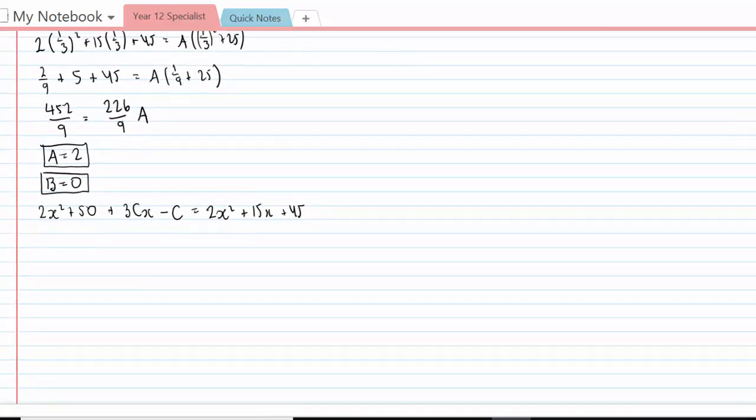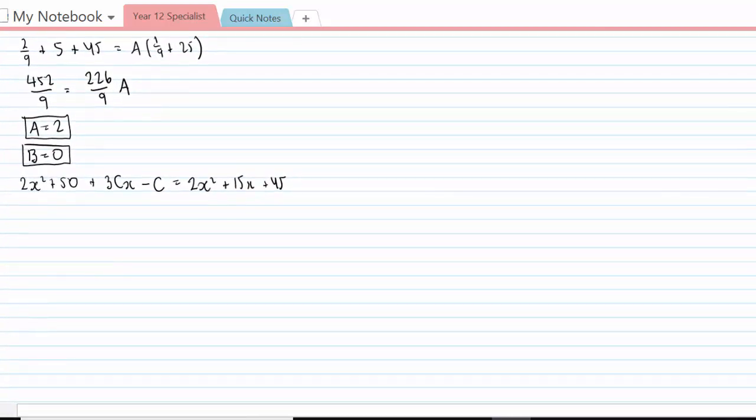So hopefully without too much trouble, we can see that the value of c here is going to be just 5. And the reason for that is that we've got this 3cx term here, and that needs to be equated with this 15x. And so there's no other way we can get an x term on that left-hand side. So c must equal 5.